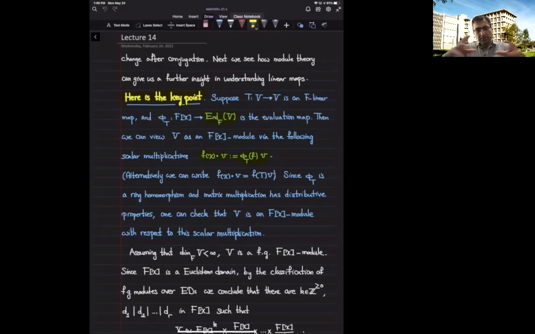Essentially, I give you a polynomial, you evaluate it at the matrix given by the linear transformation T. We use this in order to define the minimal polynomial of a linear transformation.